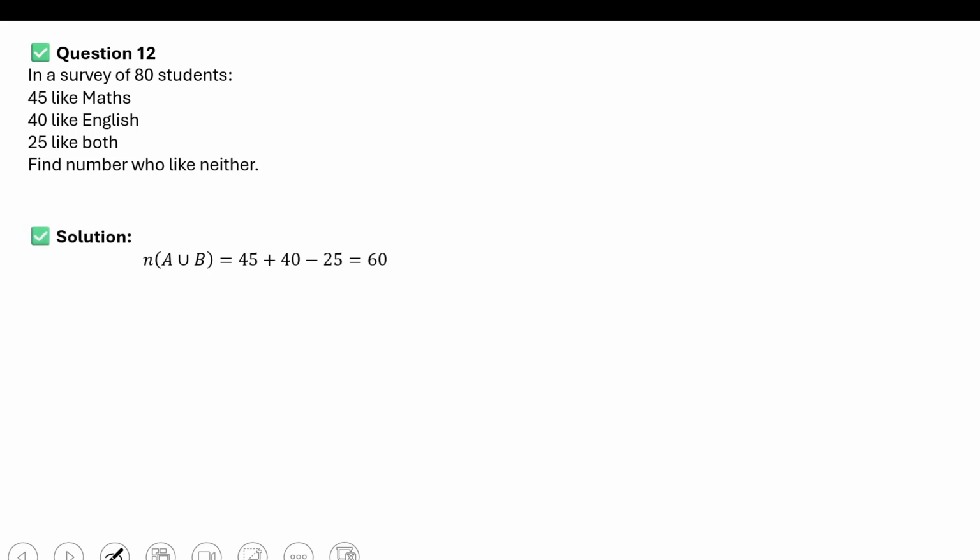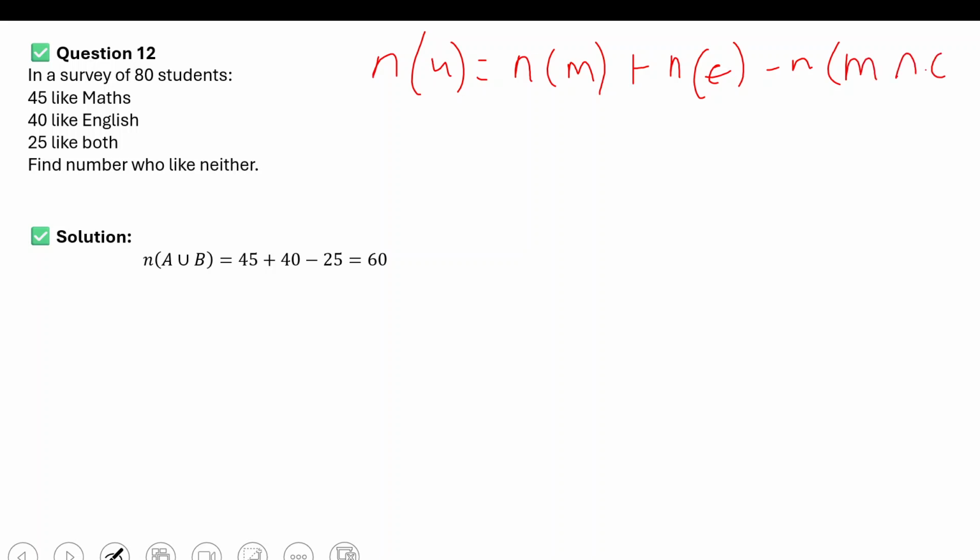Okay, so this is the formula. 80 students is the number of the universal set, which is equal to the number of maths plus the number of English minus the number of maths intersect English, plus neither.